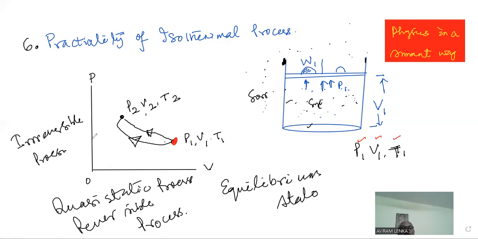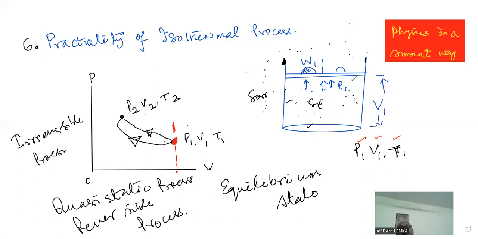If somebody draws that on the pressure-volume graph, the point is here, and that is state 1. We can say the gas was in state 1. The entire state is reduced to a point here.